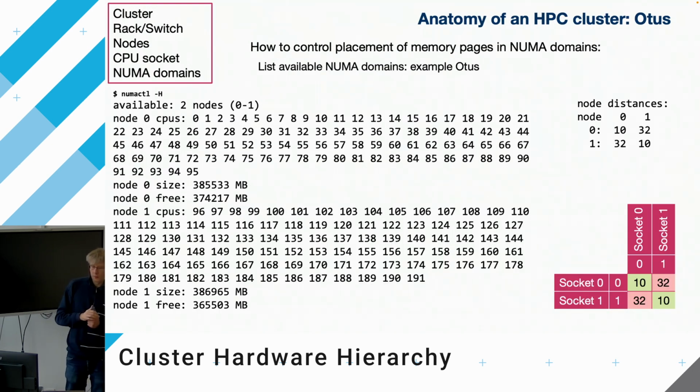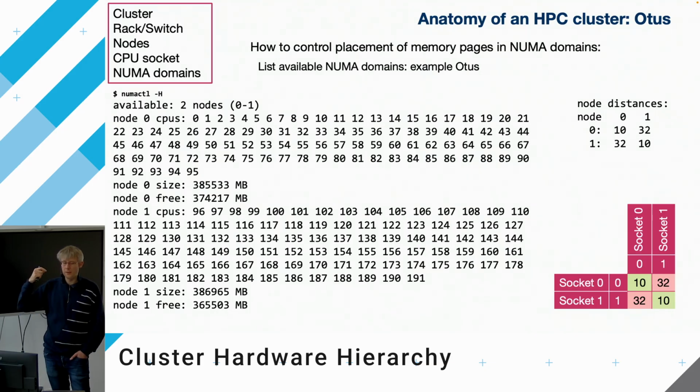Now, if you are on site on a compute cluster node, or on any compute cluster node, there is a command to figure out how many cores you have and what the NUMA domains or NUMA nodes are. It is numactl -H, and you will get a large output. Here we have in total 192 CPU cores, and as you see, we have two NUMA nodes, node 0 and node 1.